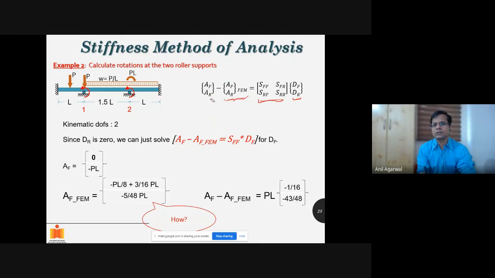Then subsequently we saw that when the forces are acting along the length of the member, then it is not simply A, it is A minus AFEM. Then both of these terms, A and AFEM, can be broken into AF and AR. So AF, AR minus AF FEM, AR FEM.